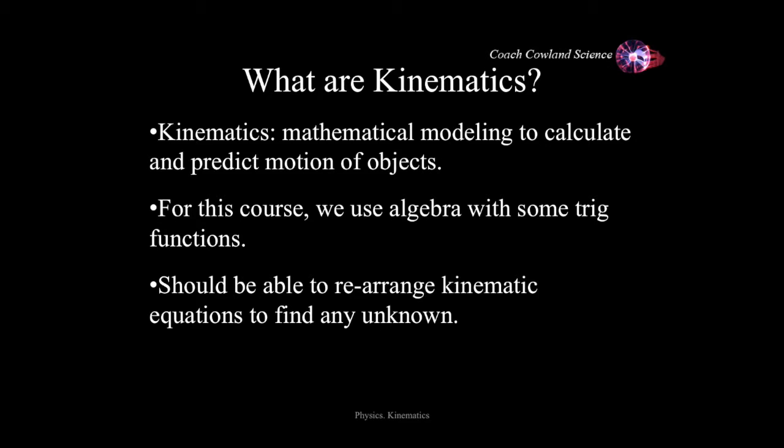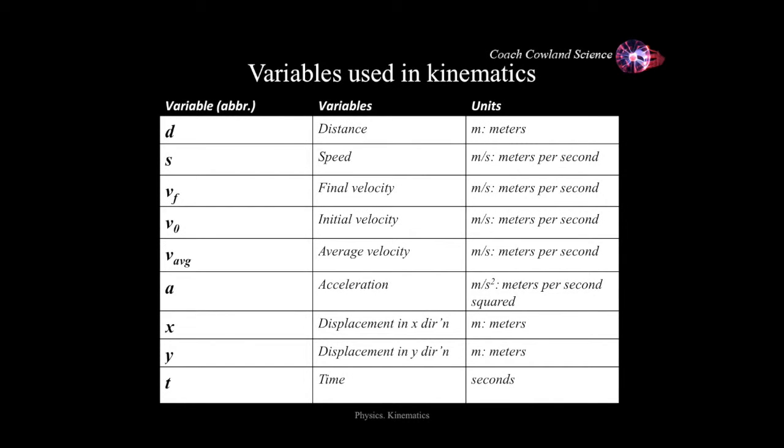One of the key skills that we will need is to be able to rearrange kinematic equations to find whichever unknown we don't have. So these are the variables that we deal with. We don't deal with them all in each kinematic equation, just before you panic and think that. And there is a certain amount of overlap.